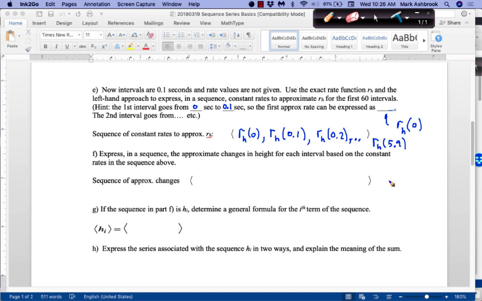Questions on that? Sequence of partial sums. Okay, sequence of approximate changes. So I've got the sequence of constant rates. So I've got the constant rates now. How do I get the changes? Rate times change in independent, which is 0.1. Next approximate change.